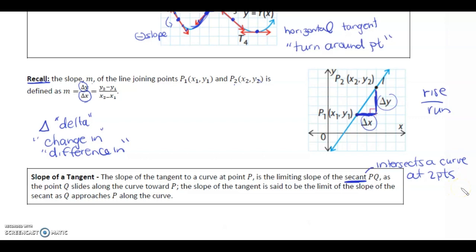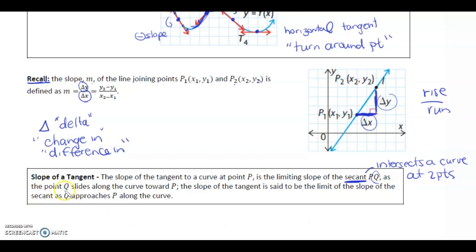Whereas a tangent intersects at 1 point. So what we're essentially doing is we're drawing a line and we're choosing 2 points, and they're getting infinitely closer together, but they make a secant because we're choosing 2 points, right? So it's the limiting slope of the secant PQ. Q is just another point on the curve.